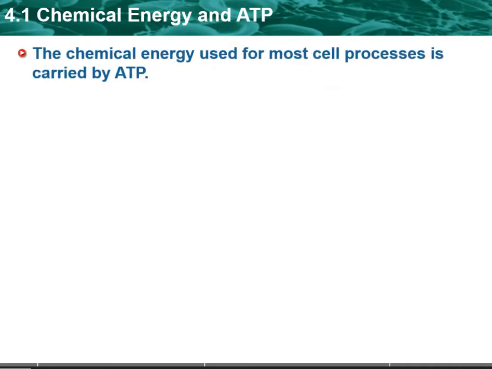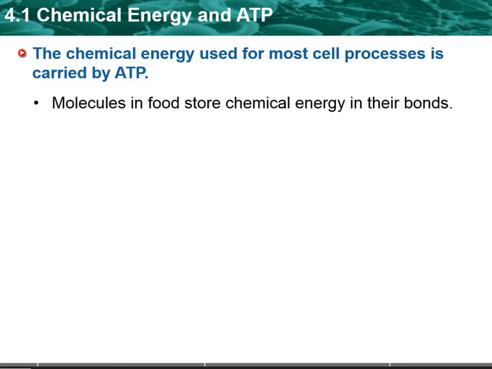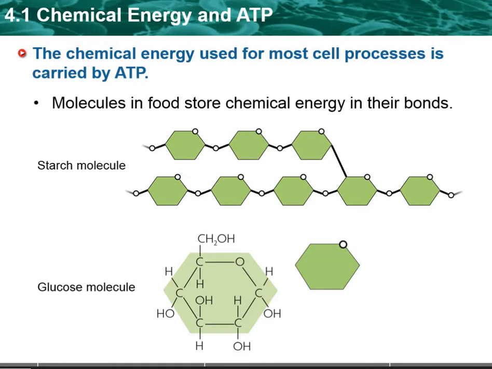So the chemical energy used for most cell processes is carried out by ATP. So molecules in food store chemical energy in their bonds. If you remember from the previous chapters when we were talking about the chemistry of life, the main one that does the job of storing energy is carbohydrates.